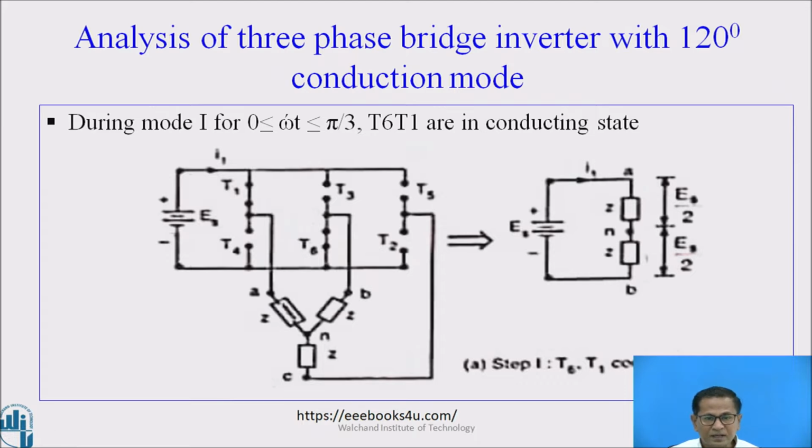When T6, T1 are in conducting state, phase A is connected to the positive terminal of the battery and phase B is connected to the negative terminal of the battery. Therefore, VAN is equal to plus ES by 2 and VBN is equal to minus ES by 2.